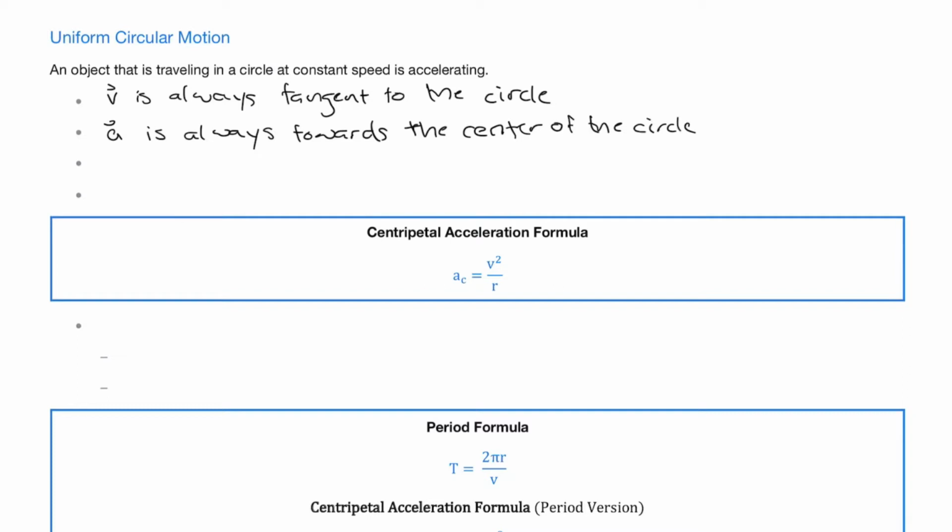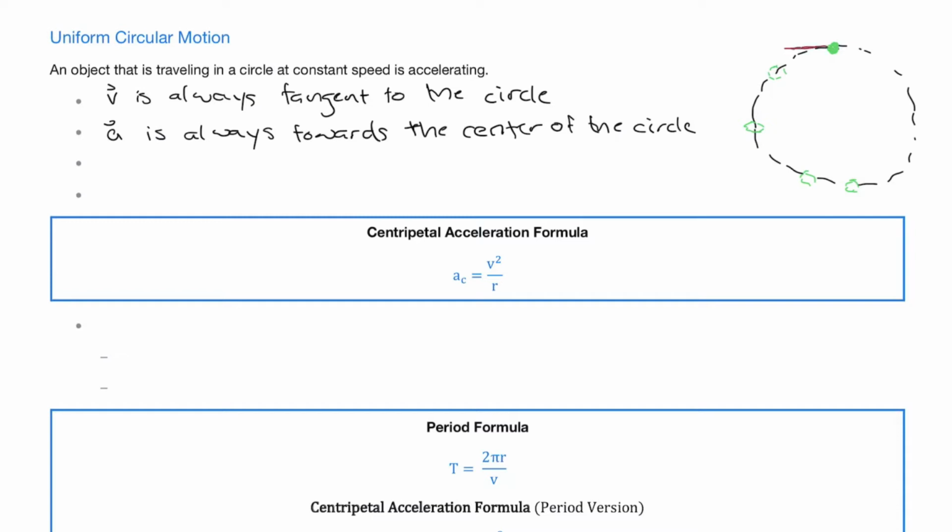So let's draw a picture of this to illustrate what's going on. Here's my circle, and in green I'll draw my object that's traveling along this circle. Here's a few extra spots to represent where it's going to be in the future. I'll draw my velocity vectors now, and as you can see, I draw them tangent to the circle for each spot.